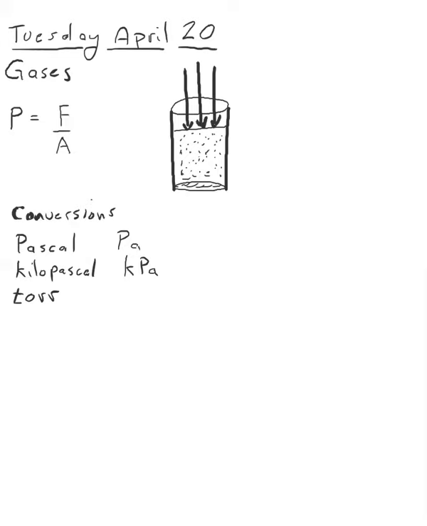We have millimeters of mercury, which is written typically as mm for millimeters and then Hg, the symbol for mercury. And then there's the bar, B-A-R. The abbreviation for bar is the same as the name.